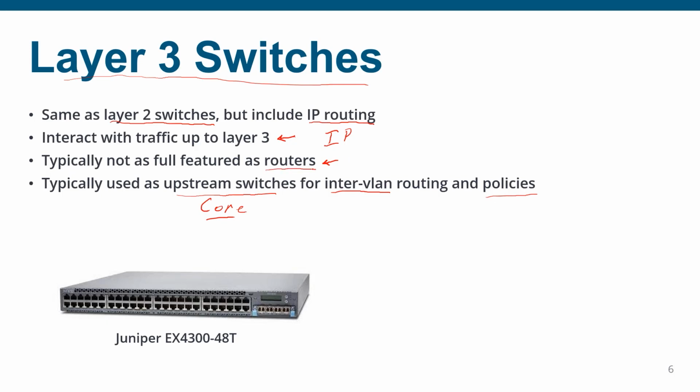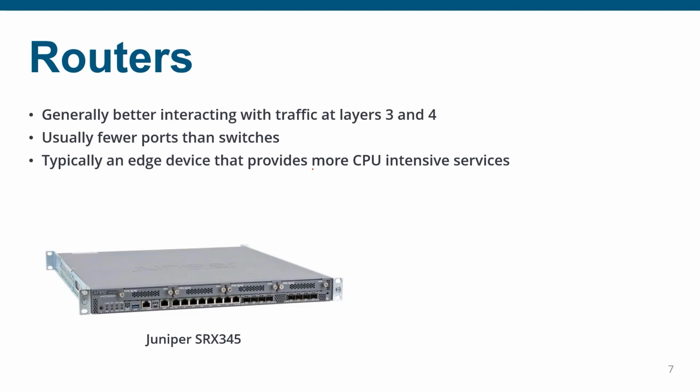So speaking of routers, let's talk a bit about that. Generally, routers are better at interacting with traffic at layers 3 and 4. Usually it has far fewer ports than switches. For example, this router here, a Juniper SRX 345.